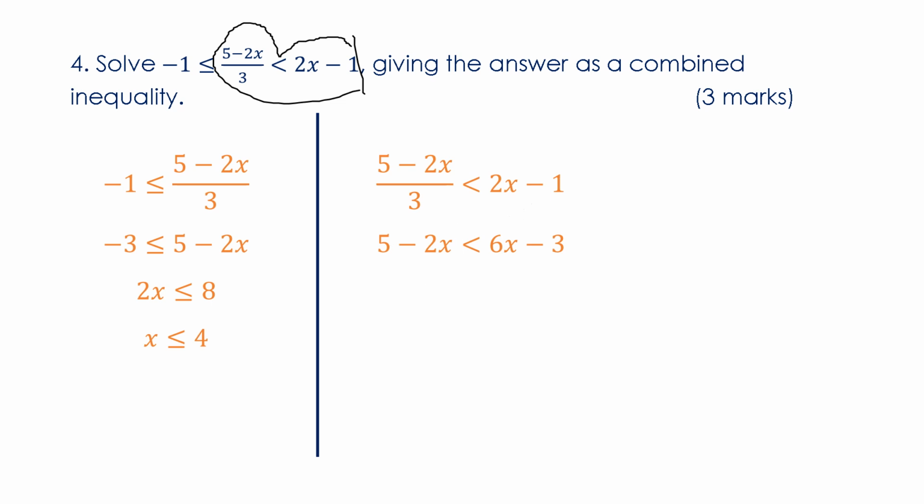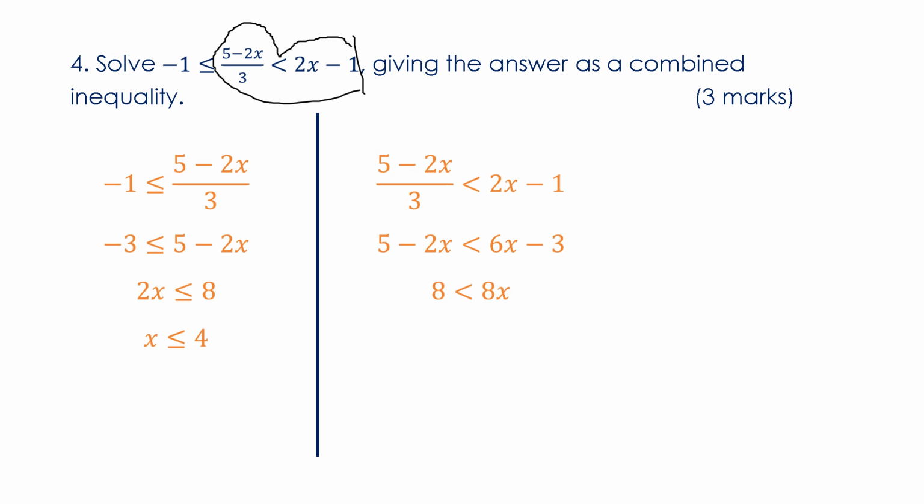So now we collect x to the right and the integers to the left, such that we have 8 less than 8x. For inequalities, I would suggest you write it as it is, stating the direction in which you have collected.